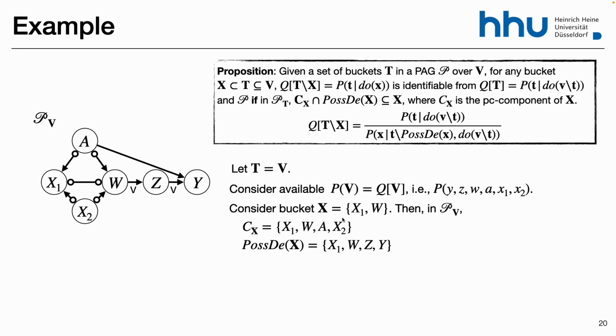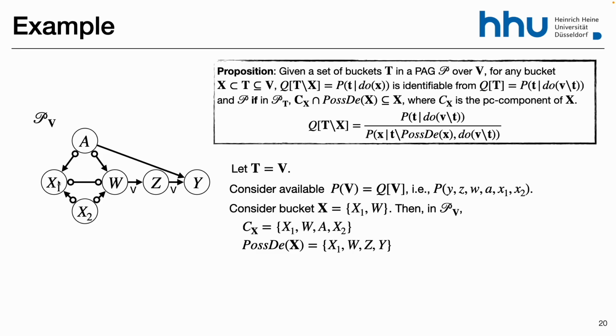Then we need to check the C components of the X. Did I define the C components of a bucket? I think you asked too. Okay, anyways, we have to define what the C components of a bucket are. Basically, it's just the union of all the C components for every variable. So we have here the C component of X1, that's a PC component.